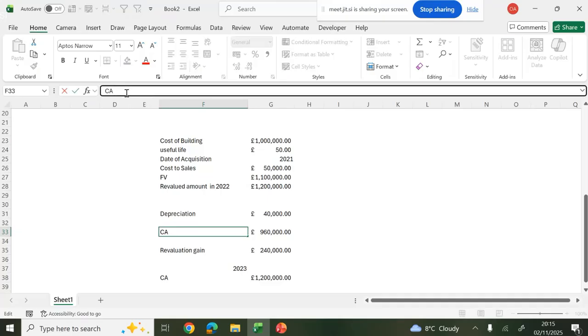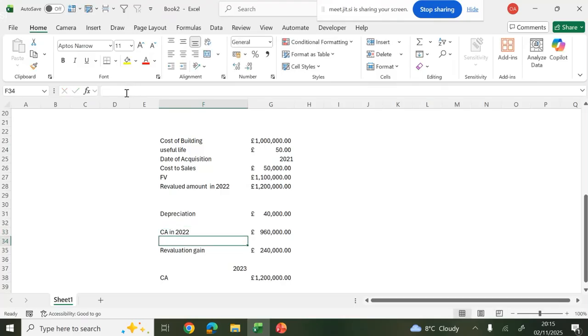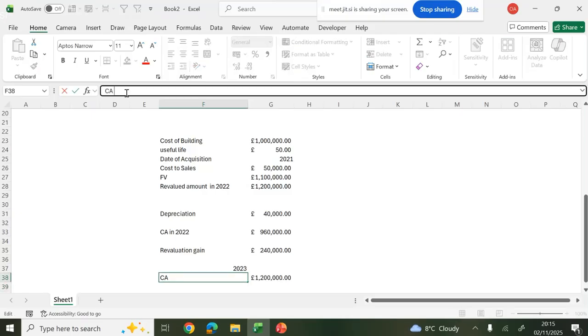This is the carrying amount as at the beginning of 2023.